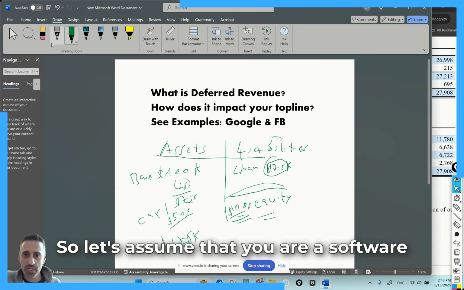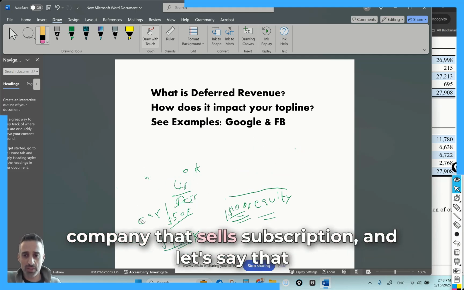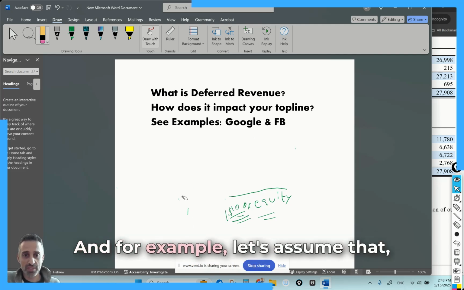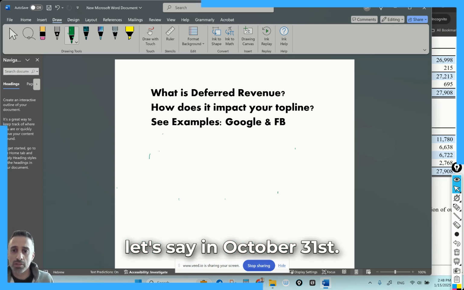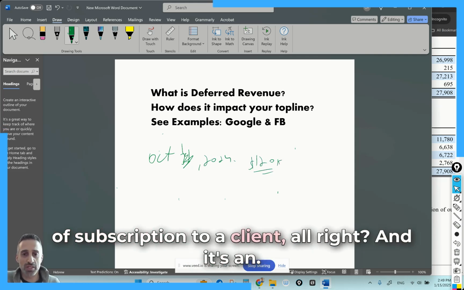So let's assume that you are a software company that sells subscriptions, and let's say that you're selling annual subscriptions, all right? And for example, let's say on October 1st, 2024, you sold $120,000 of subscription to a client, all right?